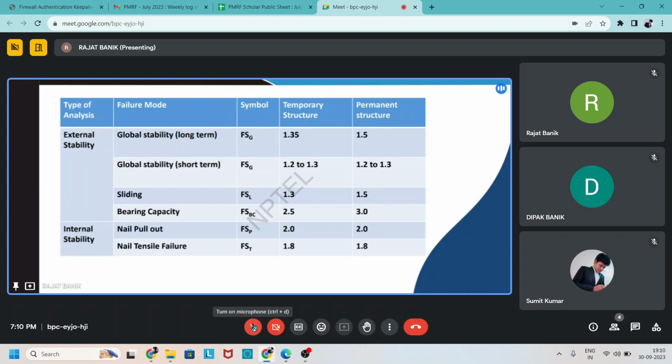Now for the nail, this factor of safety is 2 for temporary and also 2 for permanent structure. For sliding or nail tensile failure, the factor of safety is the same for both temporary and permanent structure.